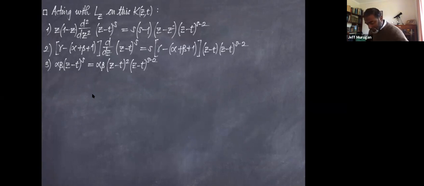If I act with LZ on the kernel, I'm going to group terms now in Z minus T to the S minus 2 and Z squared, Z, and constant pieces. Then the expression that I get will look like this.